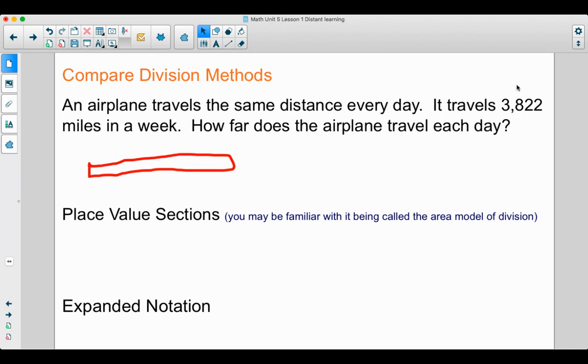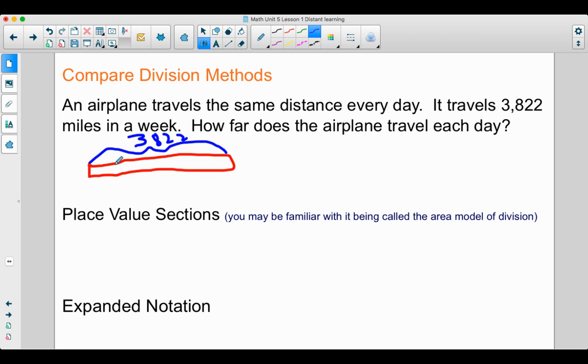Here's where I wish I had my smartboard, but I would draw a bar, and I know that 3,822 is my whole. So that's what my bar is worth. The whole bar is representing the 3,822. And you'll have to forgive my horrible writing, but using a keypad just doesn't work well for it. Now, in this case, it is traveling each day in a week.